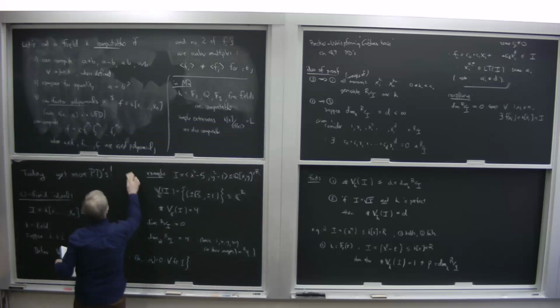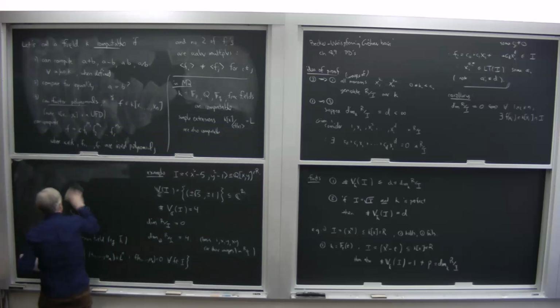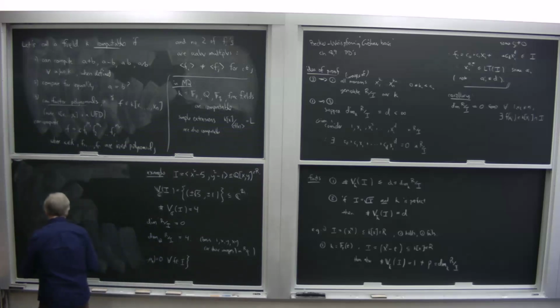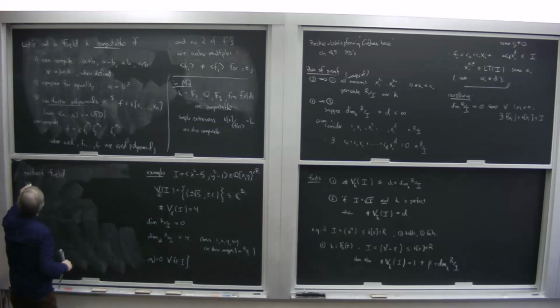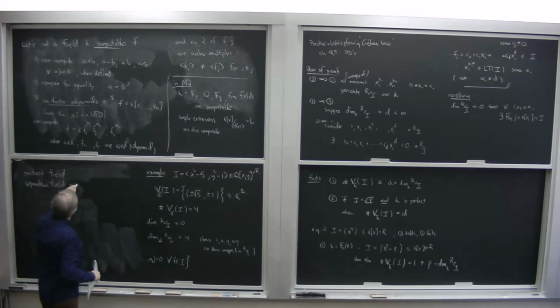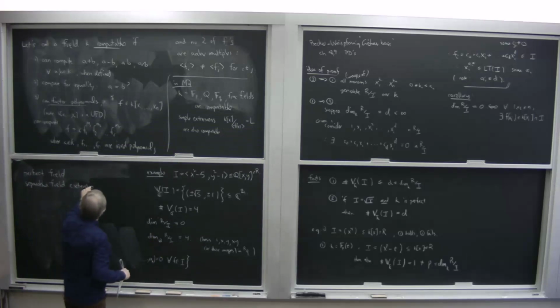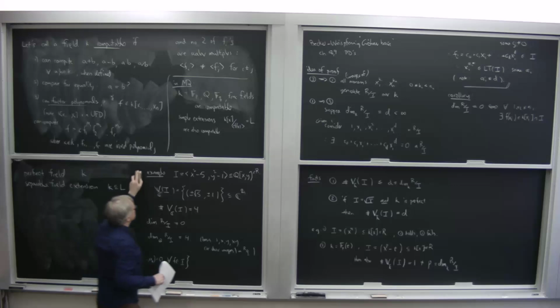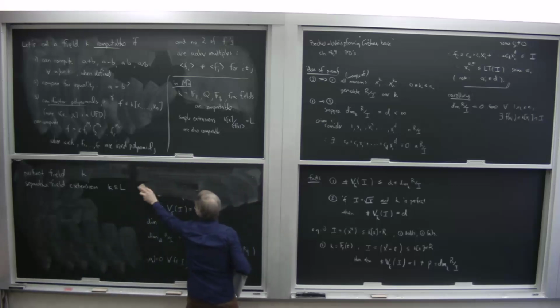Now, to say something about where perfect fields come in, there's one place that we really care about it. There's the notion of perfect field and separable field extension. So that's a K, and this is a K contained in L. I'm going to have you look these up if you don't know them, because we don't really need them too much.